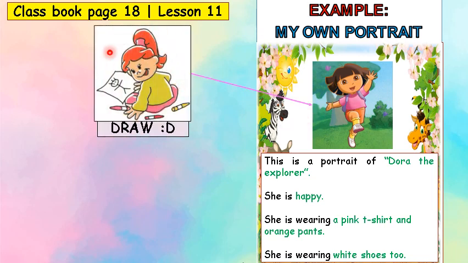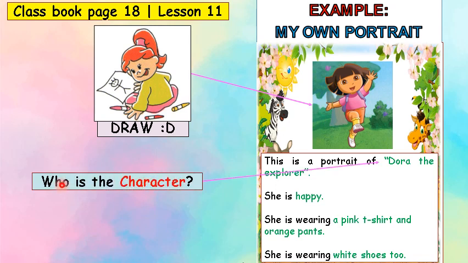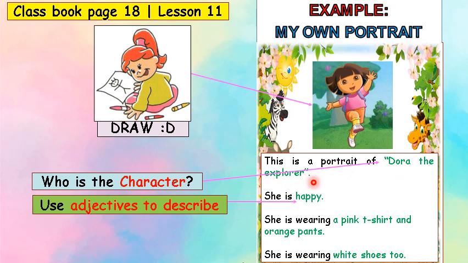You are going to draw, okay? In this part, you are going to draw your own picture, okay? Remember, and super important, this is a portrait of, who is the character? A teacher Dora. Dora the Explorer. Use adjectives to describe.